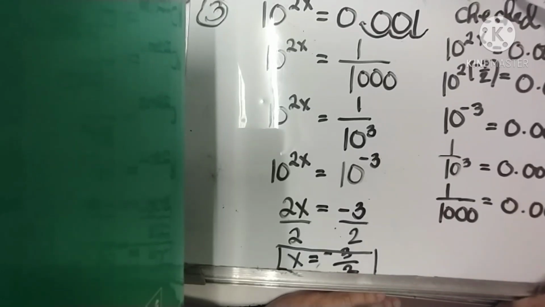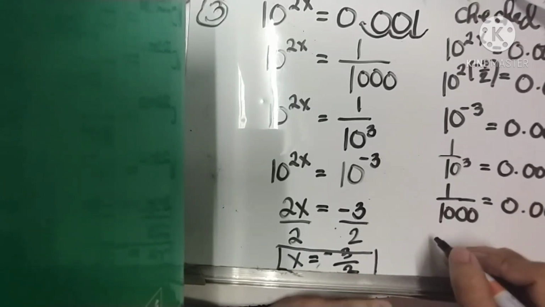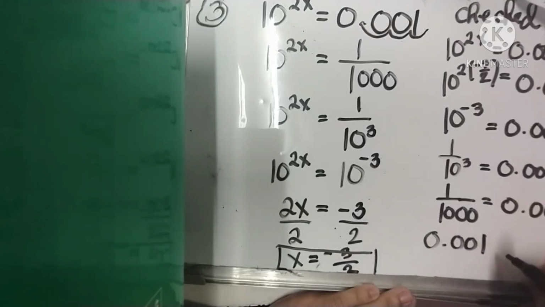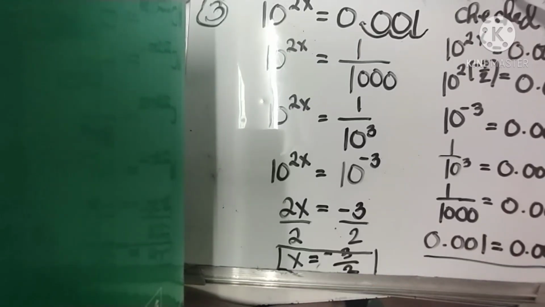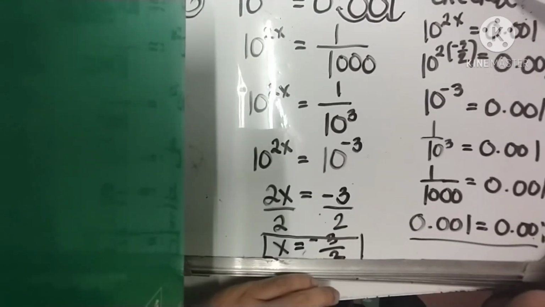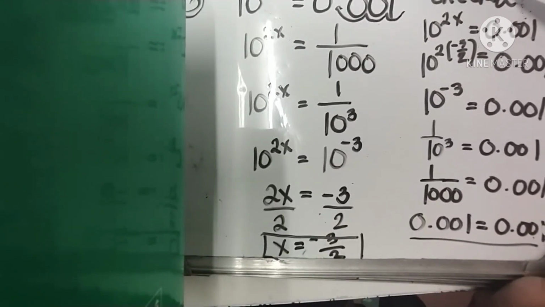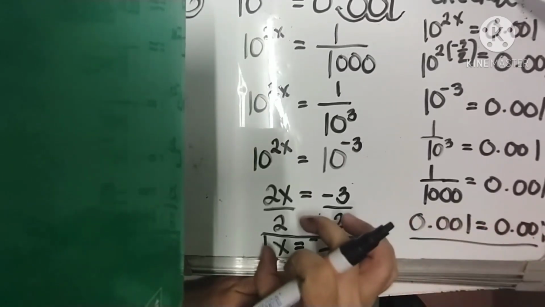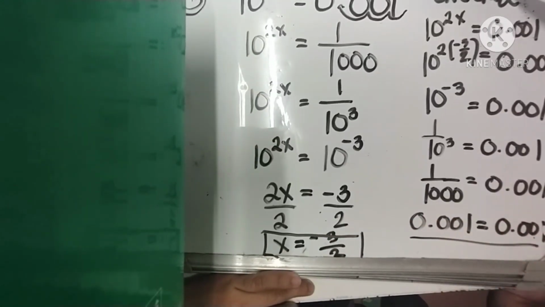If we convert 1 over 1,000 into decimal form, this will result in 0.001. So therefore, 0.001 is equal to 0.001. Then this statement is true and the value of our x is correct.